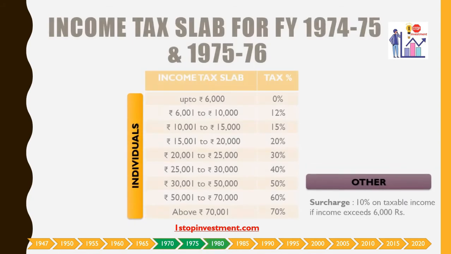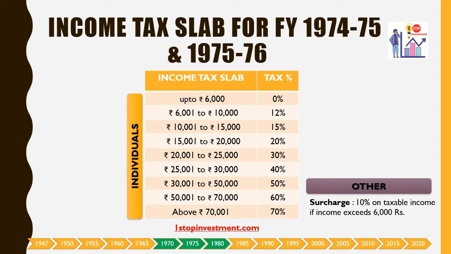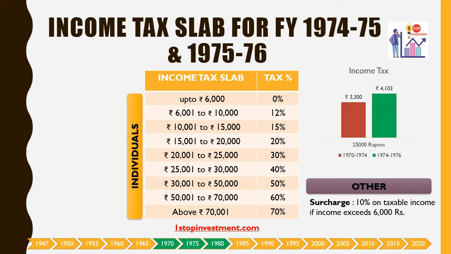For the financial year 1974, a few tax slabs were removed and again tax percentages were increased from the previous tax system. For a total income of 25,000 rupees, a person had to pay 4,100 rupees as tax, which is 25% greater than the previous tax slabs.